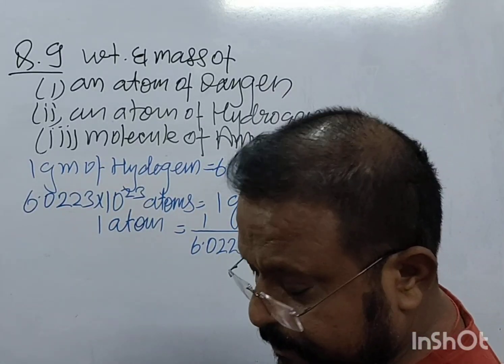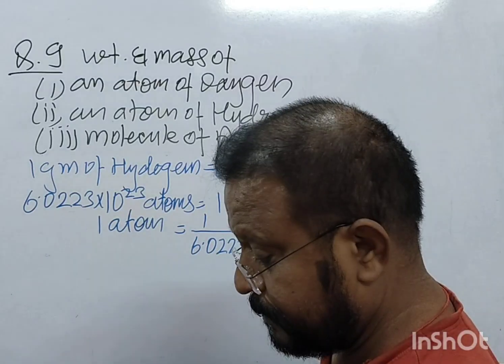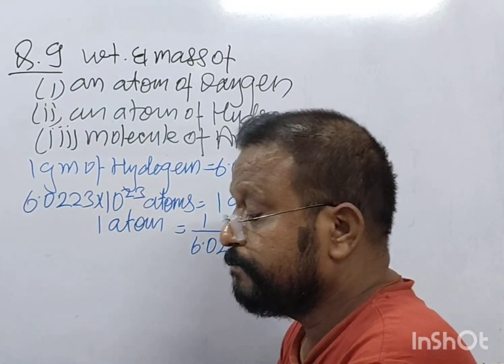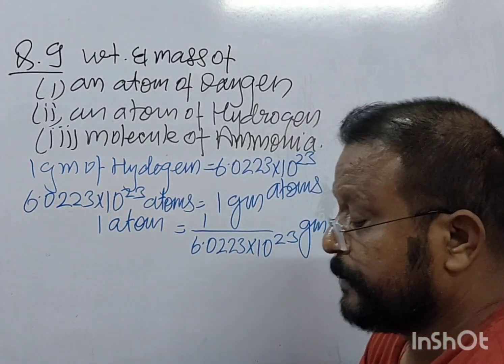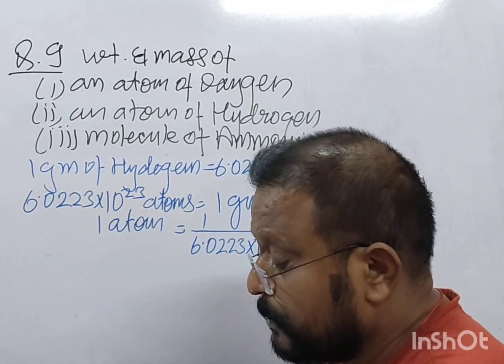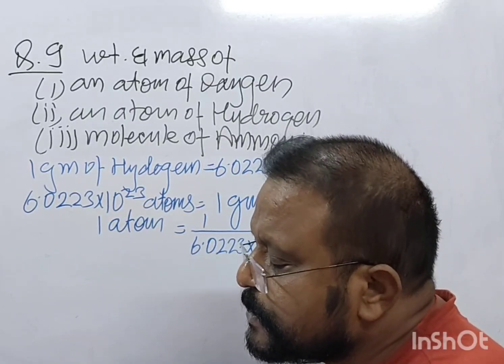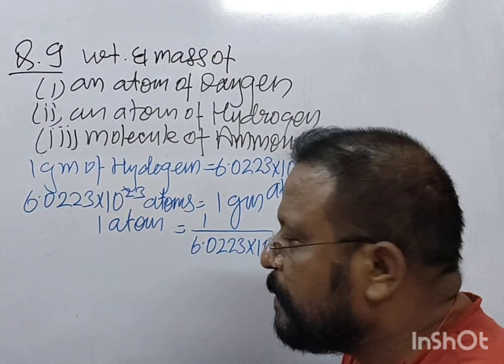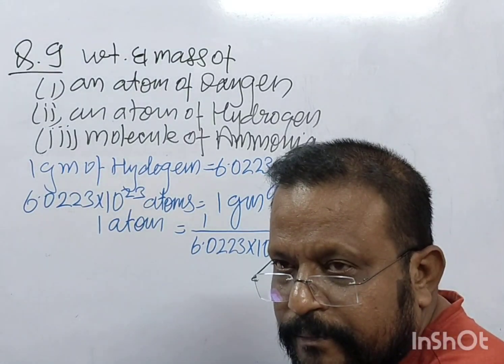How much will it be? 1 divided by 6.0223. It is 1.6 into 10 to the power minus 22, or 24?